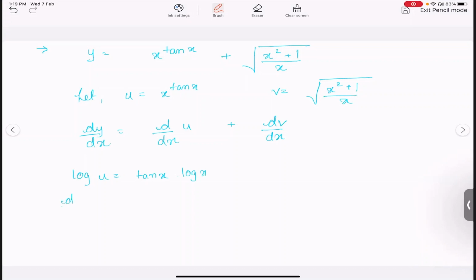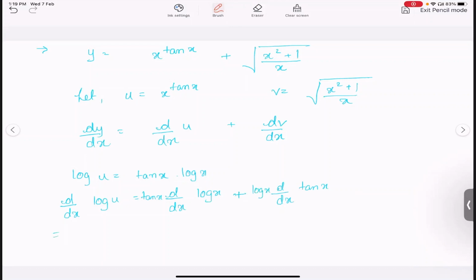So d by dx of log u will be equal to d by dx of tan x times log x, plus, better to write it on this side to avoid confusion.